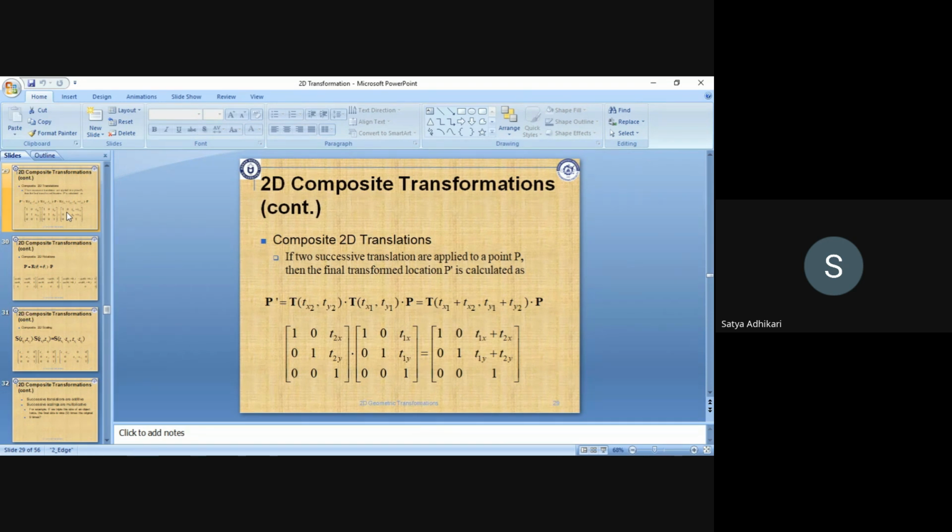So we have to apply the final matrix to P and get P dash. We need not translate twice. First you multiply M1 and M2, that is suppose M, and then multiply M into P to get P dash.